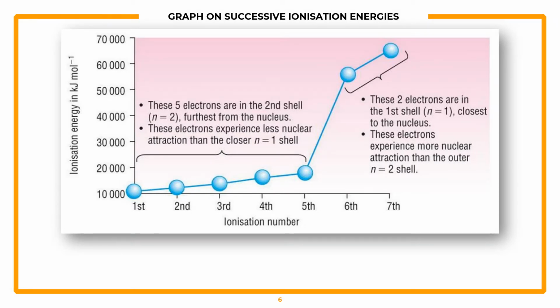So now, jom kita study macam mana nak tentukan electronic configuration dan juga valence electron daripada nilai successive ionization energies. So, you mungkin akan diberi dalam bentuk graf. Okay, you mungkin diberi nilai successive ionization energy dalam bentuk graf. So, in this graph, you boleh nampak these are the values untuk successive ionization energies.